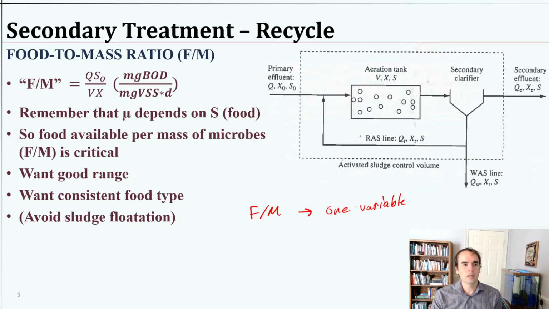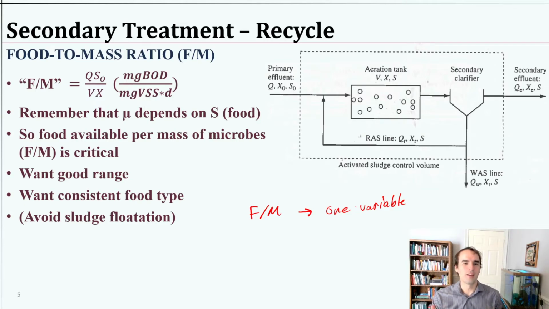So given it's the amount of food supply on an hourly or daily basis or whatever, the food supply per mass of microbes. So if you think about it, if you want to feed a small party at a picnic, you have to consider how many people there are, and you might even want to consider how large the people are.